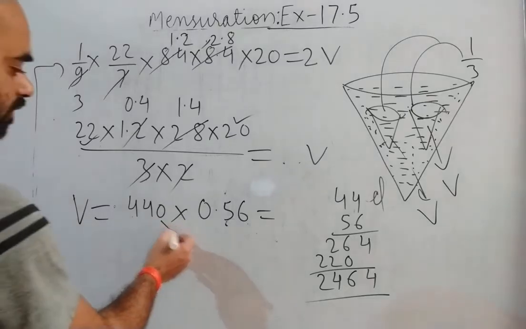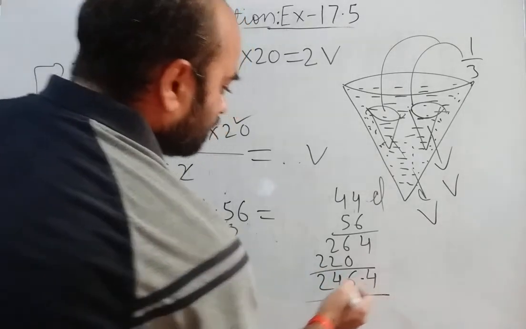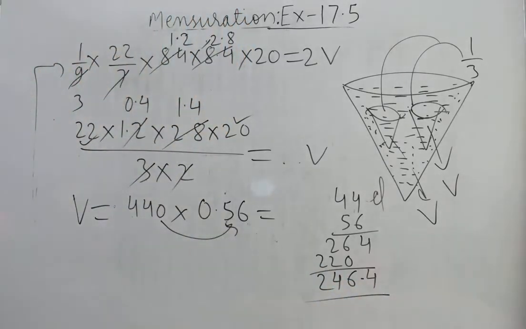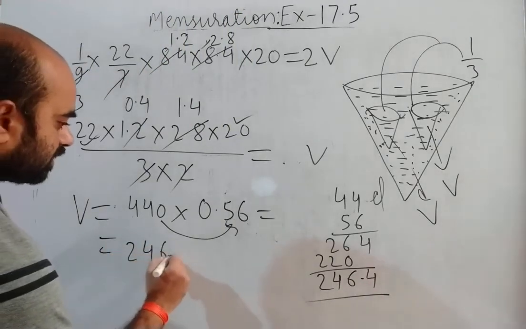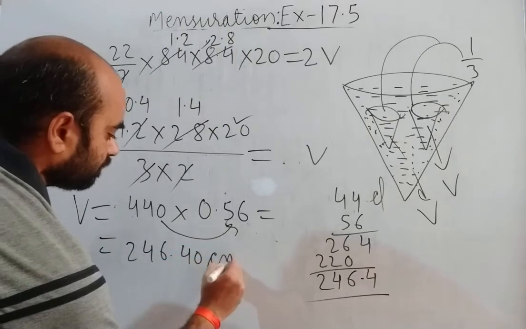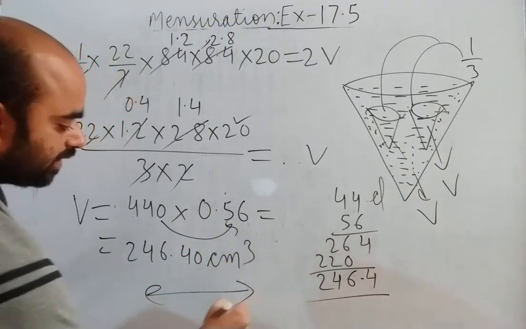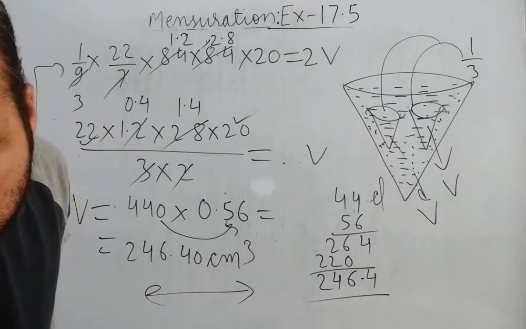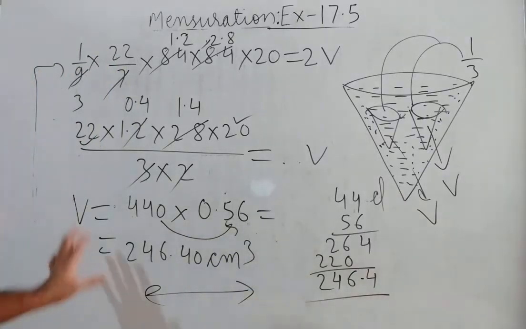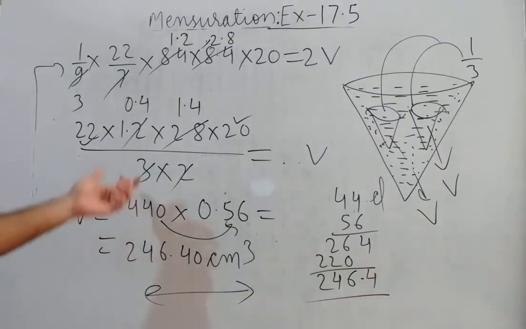So this will be 246.40 centimeter cube, the volume of each of the solid cones submerged. Clear the concept? The rest is the calculation part.